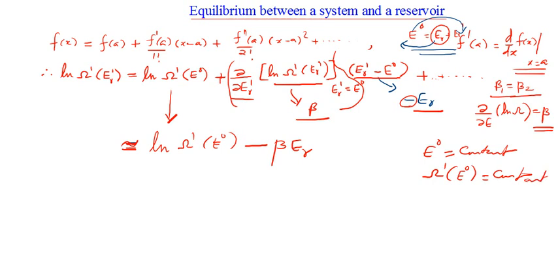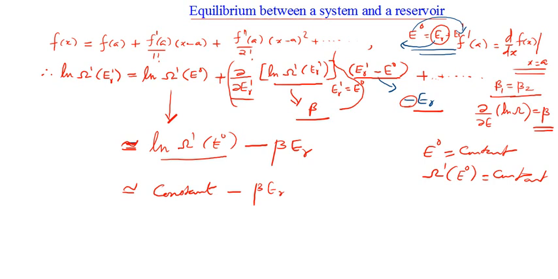Both are varying because Er and Er prime can vary, but E naught is a constant by equation number 1. So the first term is going to be some constant, because it's a function of E naught. It's a constant minus beta Er. So on the left side, it's omega prime Er prime.